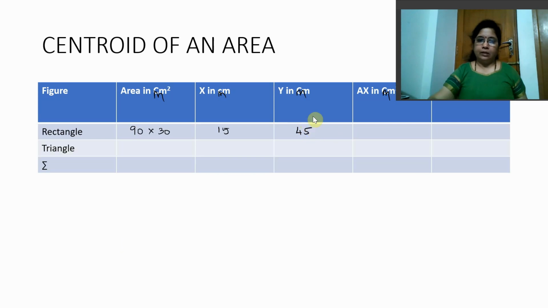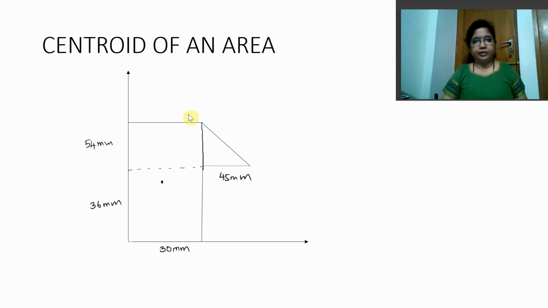No issue. Now we'll have to find for the triangle. For the triangle, your centroid is located somewhere. So this will be 1 by 3. What is your x? So b by 3. This length I have given you as 45 millimeter. So 45 by 3 along x is 15 millimeter plus 30 millimeter.